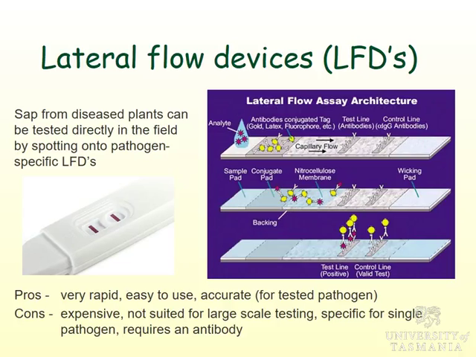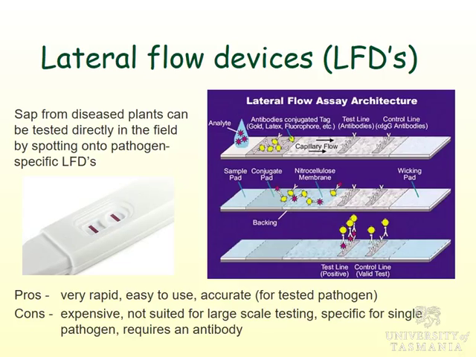Lateral flow devices, as I said, exactly the same technology as they use in pregnancy test kits, but they're now available for specific pathogens in agricultural systems. So pull it apart. How does it work? You've got obviously something that actually allows wicks through fluids through the actual device itself.